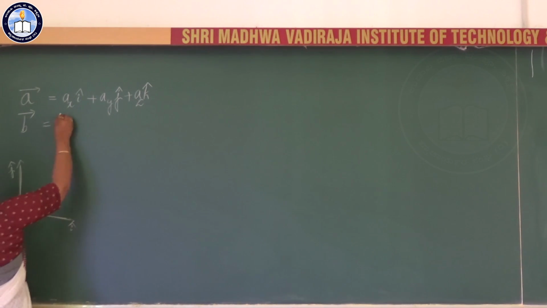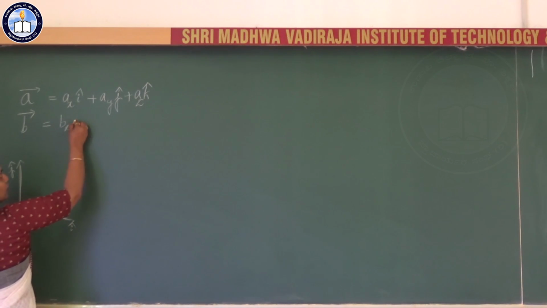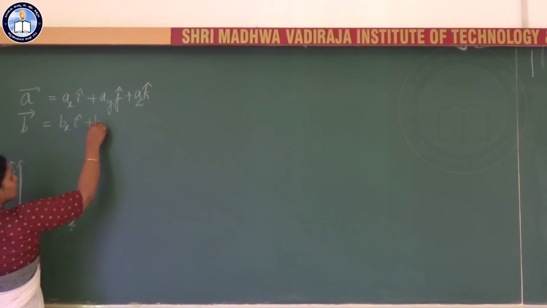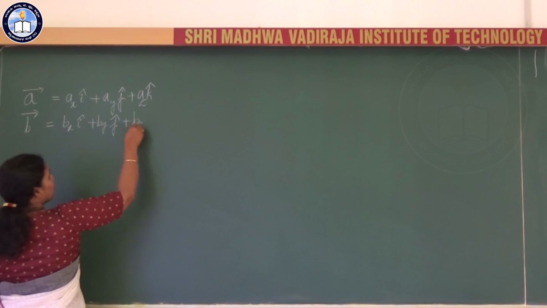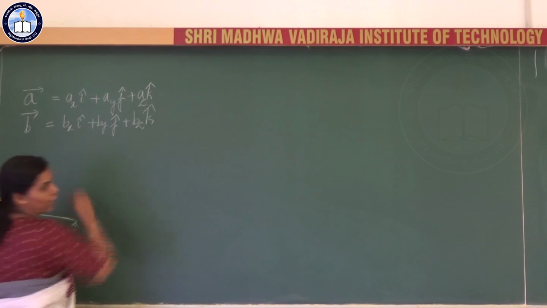Similarly, vector B I can write as Bx i cap plus By j cap plus Bz k cap.